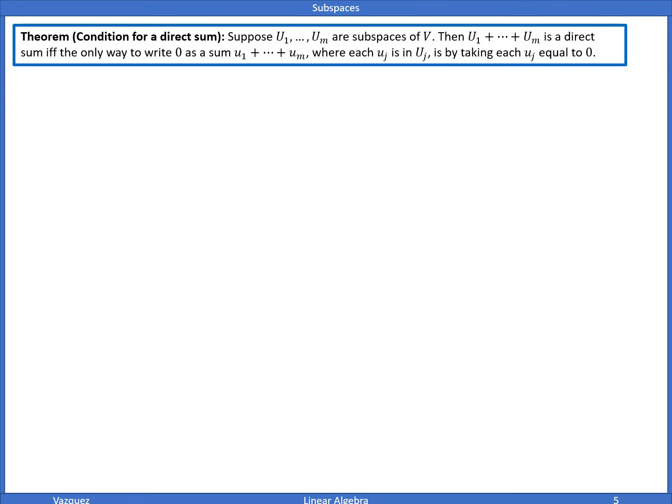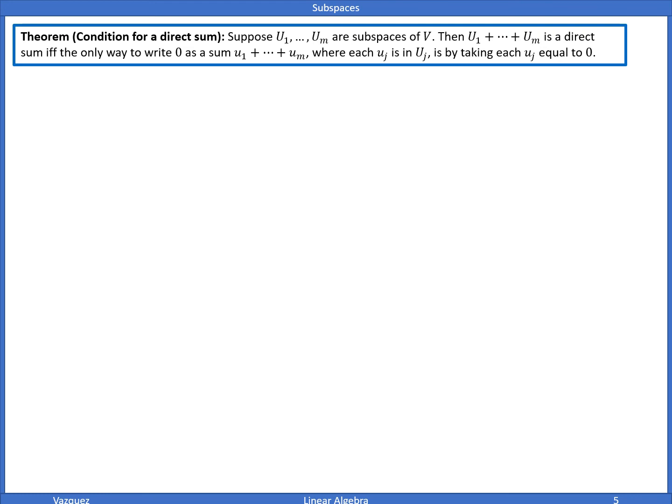That's all we need to do. So conditions for a direct sum: suppose U1 all the way to UM are subspaces of V, then that sum of U1 all the way to UM is a direct sum if and only if the only way to write 0 as a sum u1 all the way to um, where each uj is in Uj, is by taking each uj equal to 0.